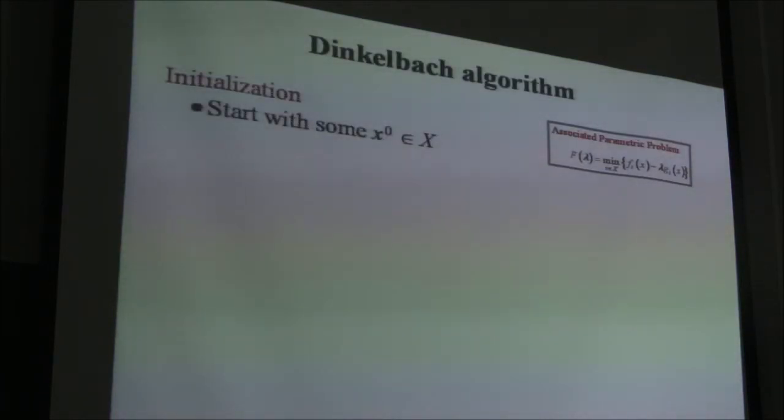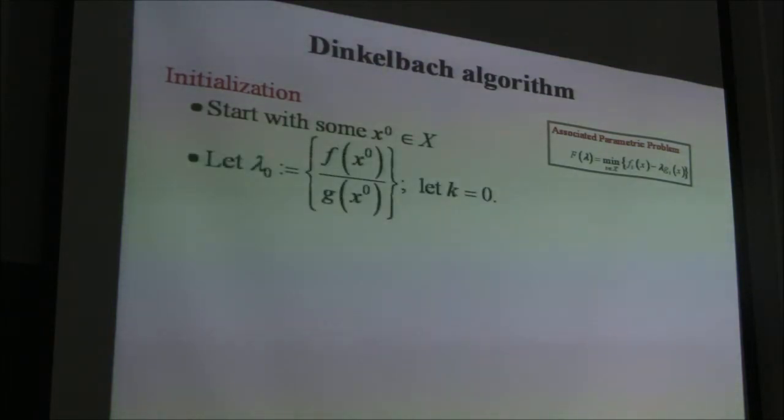So the Dinkelbach procedure goes as I described before. You start with a certain x0 in the set X. Then you specify lambda 0 as the ratio of f and g at x0.